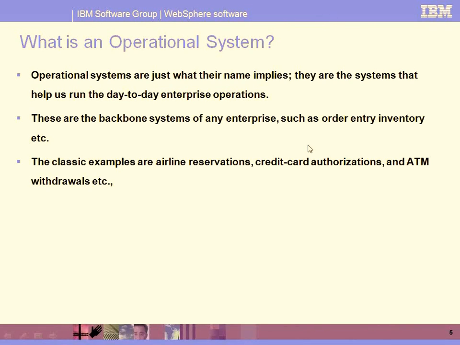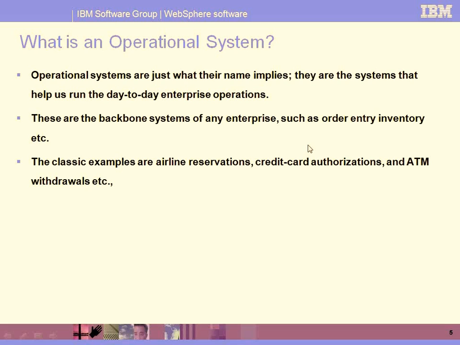What is this operational system? The systems which we maintain in any business to hold day-to-day transactional data are nothing but operational systems. These are used to maintain daily transactional data, and those are the backbone of our enterprise.